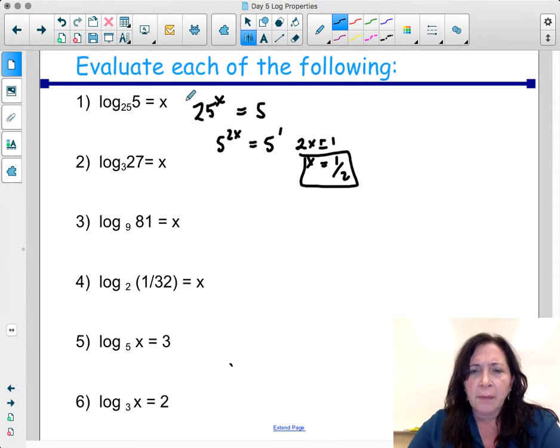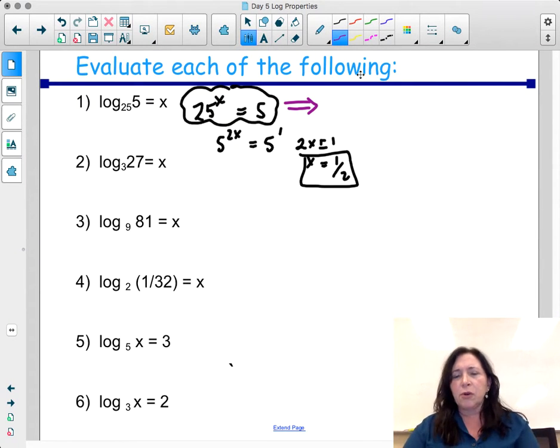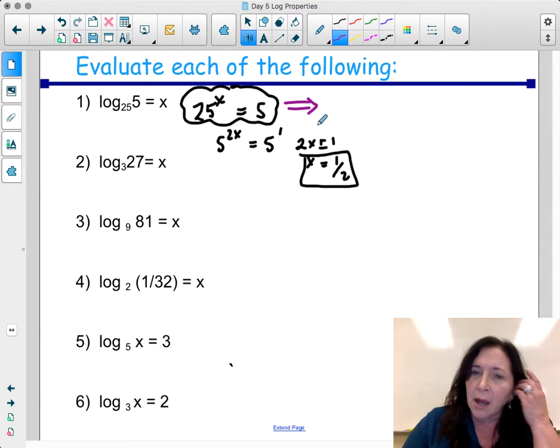Now, remember that at this point, you can also use the change of base formula, but only if you're allowed a calculator. If you're allowed a calculator, you can use the change of base formula to get the same answer in a different way.